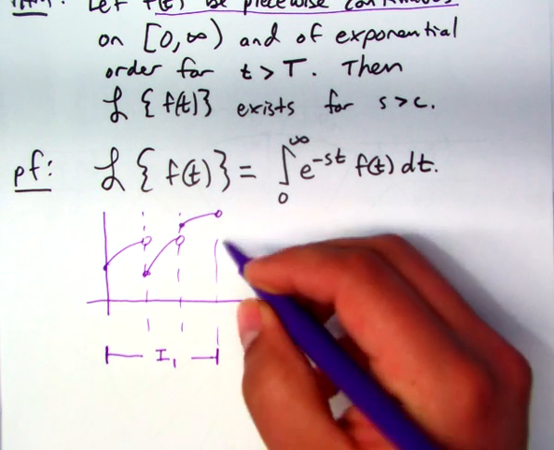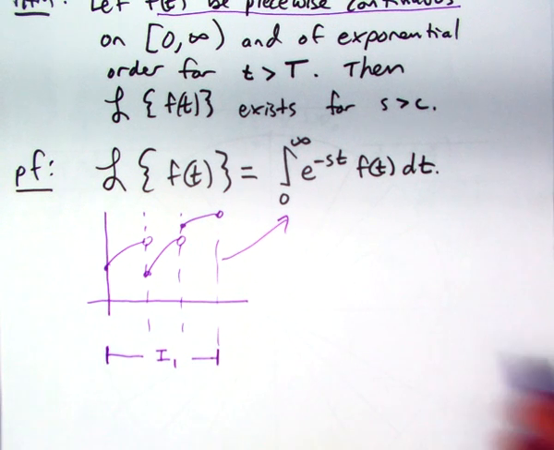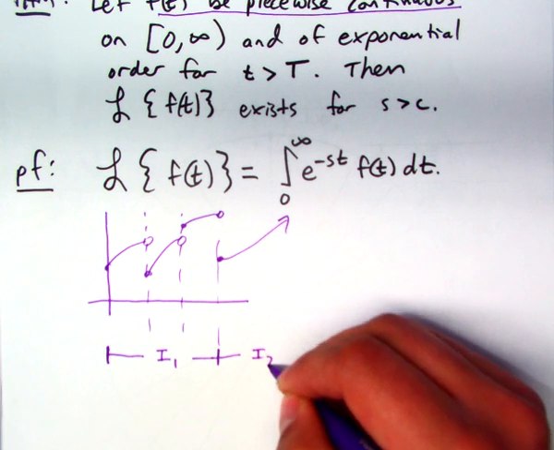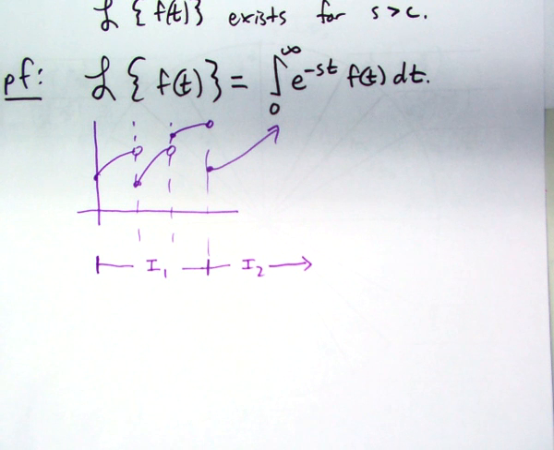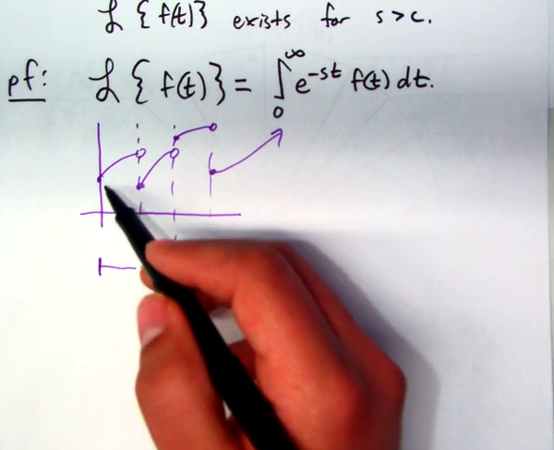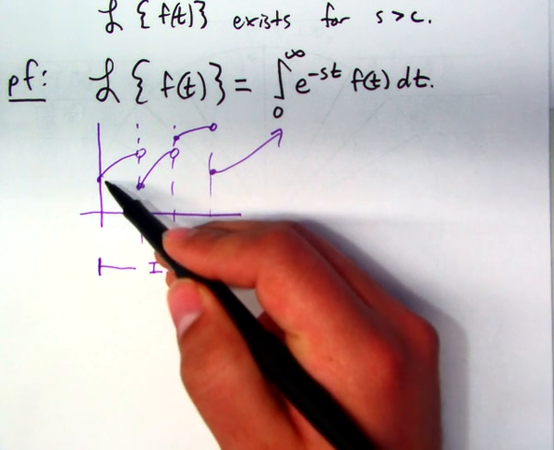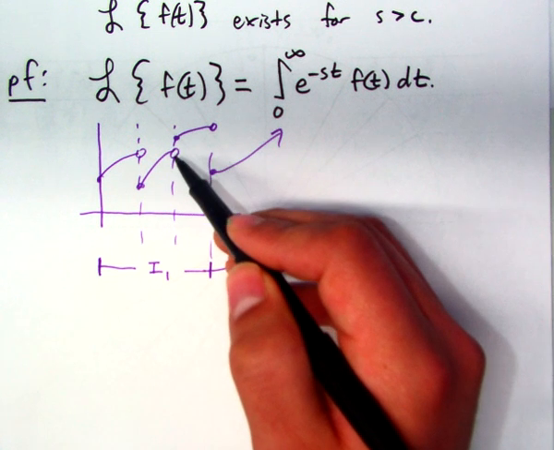And then from here on after, let's call this interval I2. Clearly, if we look at the way we've split up I1, no matter what you do, there will always be some exponential function greater than a little snippet of a function, yes?